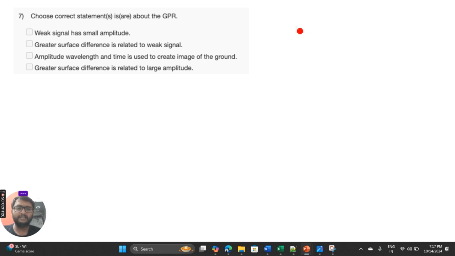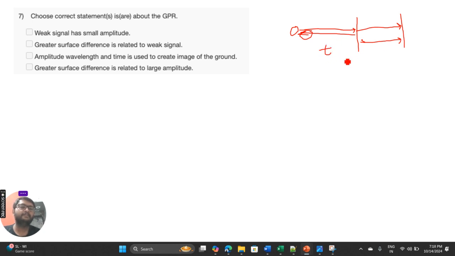See here, this is the source from where we are sending the signals. If the difference between two surfaces is quite high, the signal will go, first collide with this surface, and come back, and then in a similar way go further. If the difference between these two is high, the signal we receive after the collision with the first surface and the second surface will take time, let's say t.